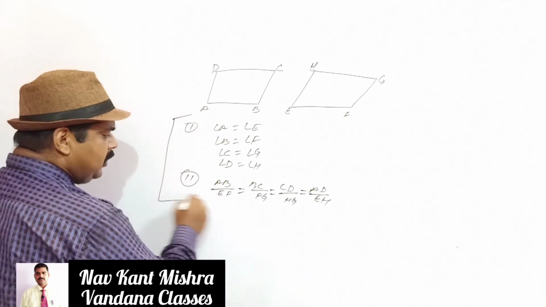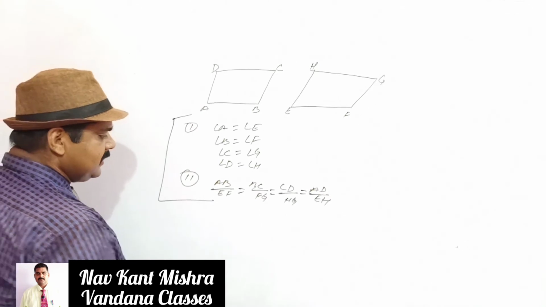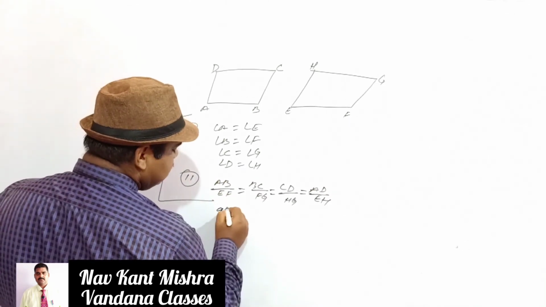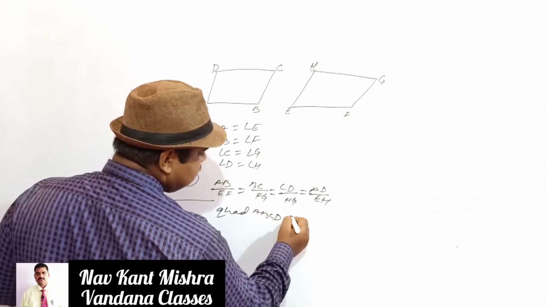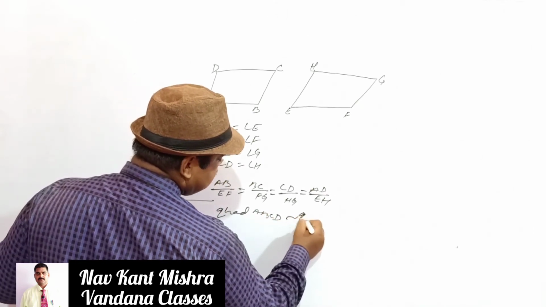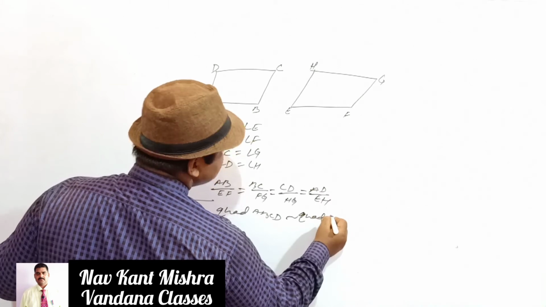If you follow these two conditions, then you can say that quadrilateral ABCD is similar to quadrilateral EFGH.